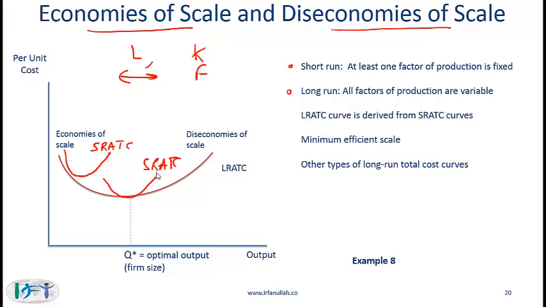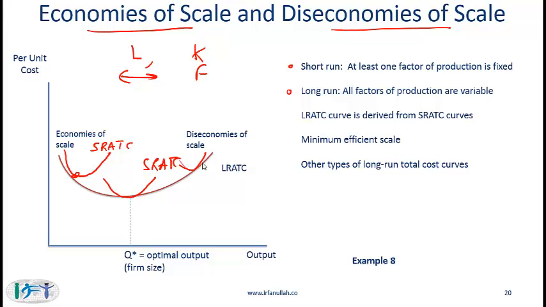Overall, by having two factories, we might have some efficiency, because of which the overall average total cost is coming down, as we see over here. And then if we create a third factory, then it is possible that we have a short run average total cost curve that is over here.